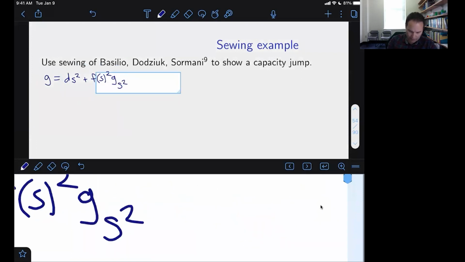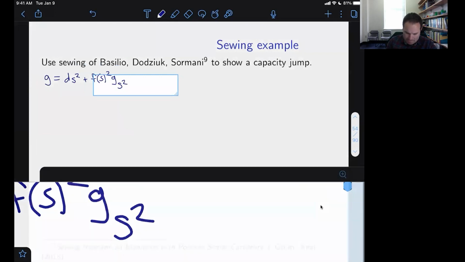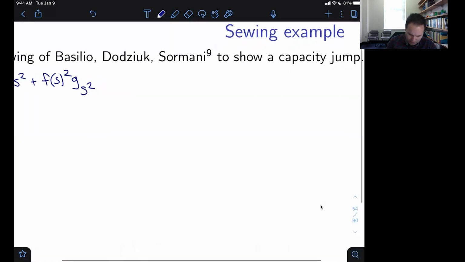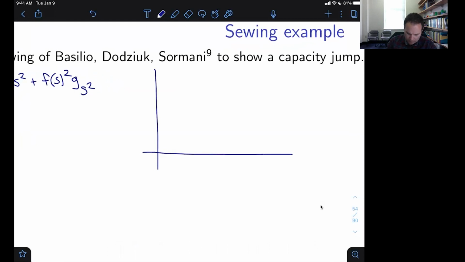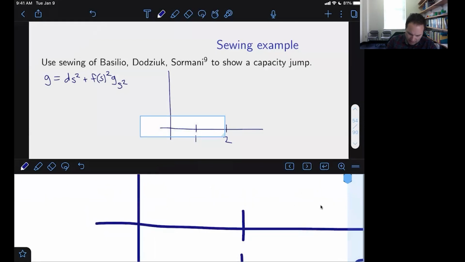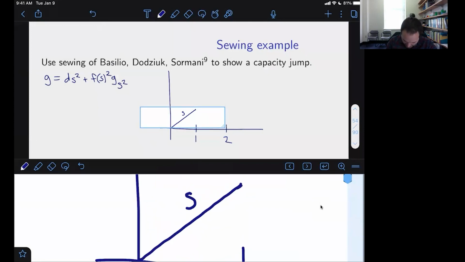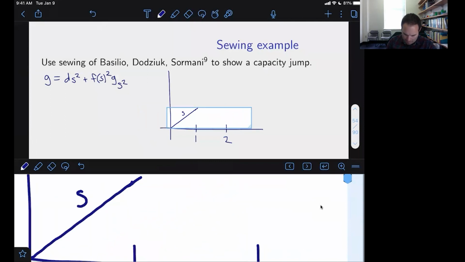So you're warping an S2. Let me show you what f looks like. So what this looks like is you've just got, let's say for 0 to 1, the function f of s is just s. So that means it's the Euclidean metric up through radius 1 and actually just a little bit past 1 as well.